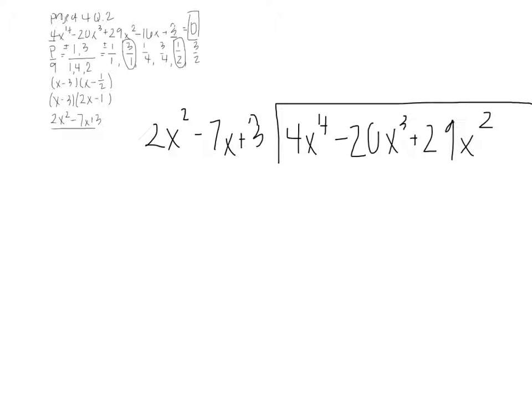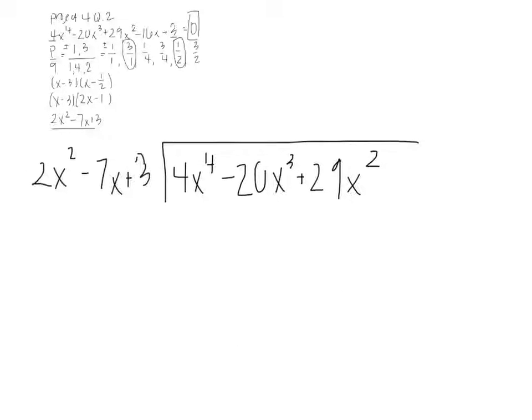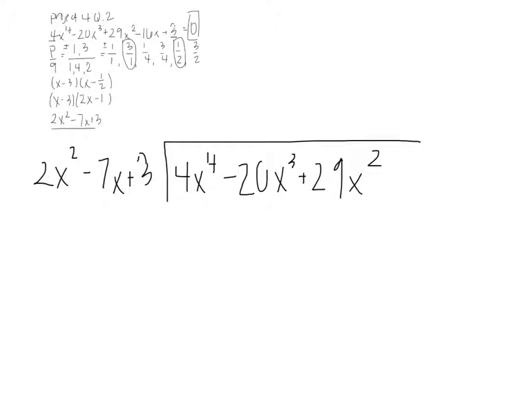Move this over a little bit. Minus 16x plus 3. Alright, so we have to find out what we can multiply 2x squared by to get 4x to the 4th. In order to do that, we need to multiply by 2x squared again. And this is minus, so that we had a positive value here.